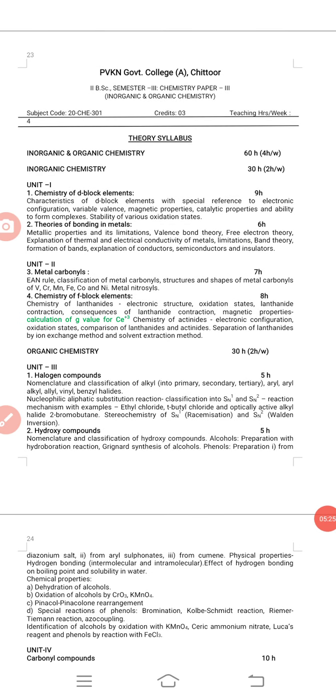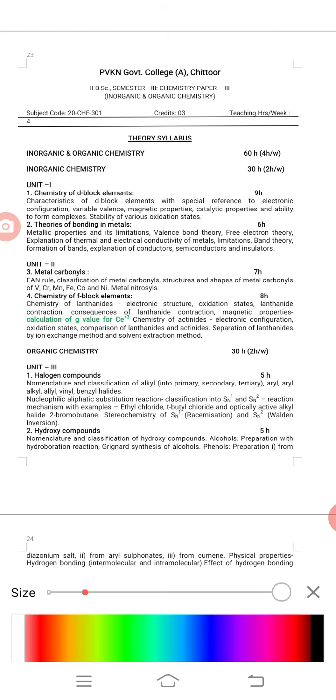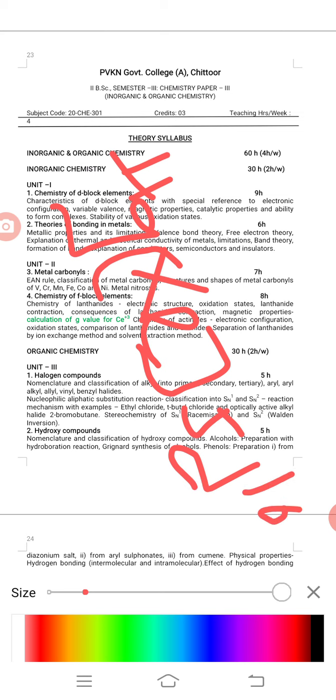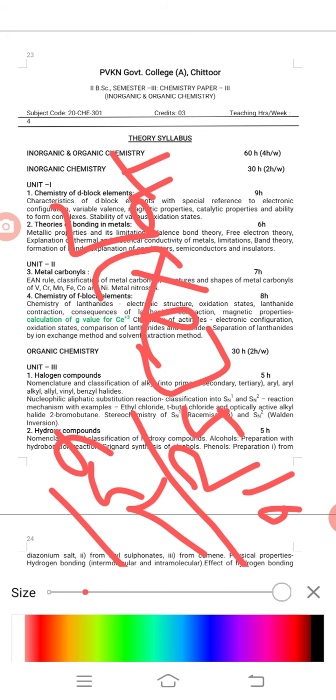Next, mercury, Hg: xenon 5d10 6s2. In zinc, cadmium, mercury, all have d10 s2.